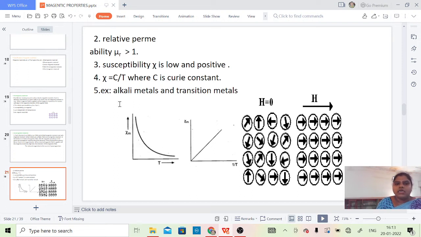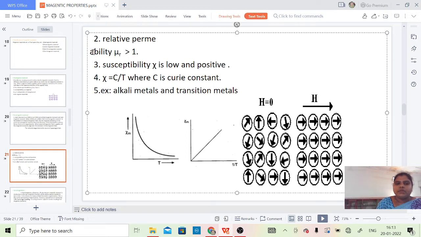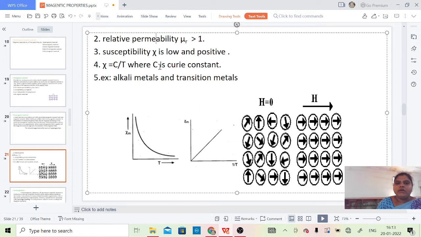The relative permeability mu r is greater than 1, and the susceptibility psi is low and positive, given by psi equals C by T, where C is the Curie constant.